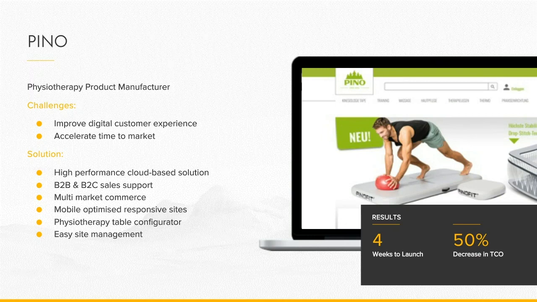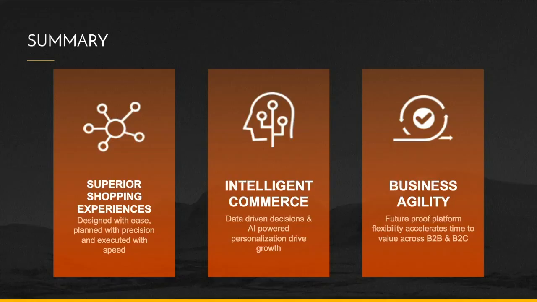So I wanted to take a minute and just summarize a little bit what we talked about today. So I'm going back to the 3 pillars. We talked about how M2 can help you create superior shopping experiences and has the features to allow you to design, plan, and execute on those across the new technologies like progressive web applications.